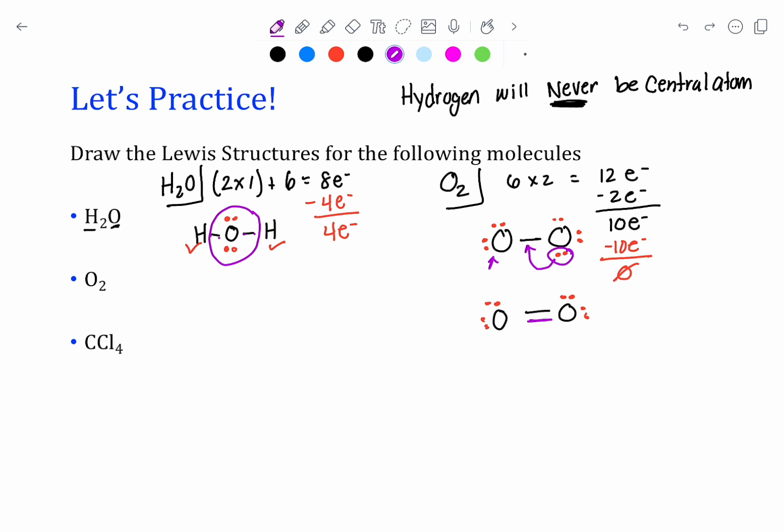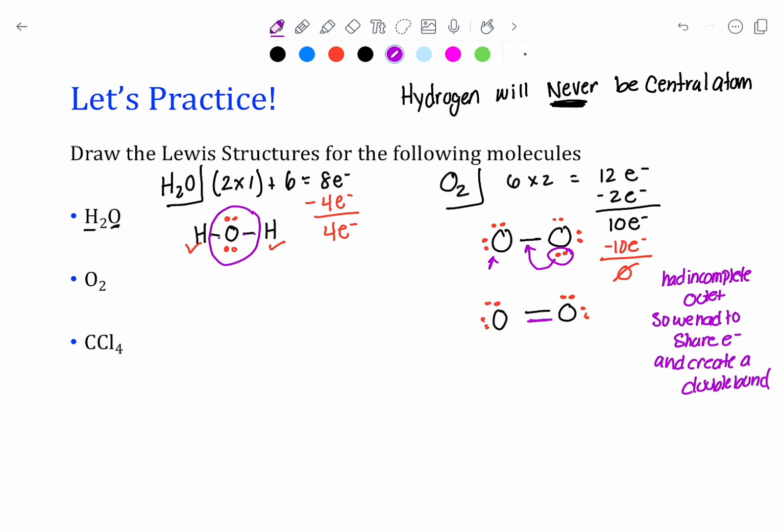Okay, so another one where we had an incomplete octet. So we had to share electrons and create a double bond.